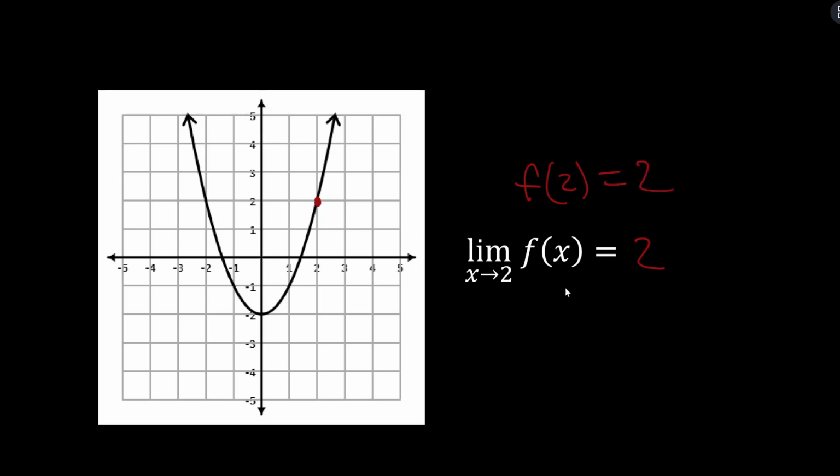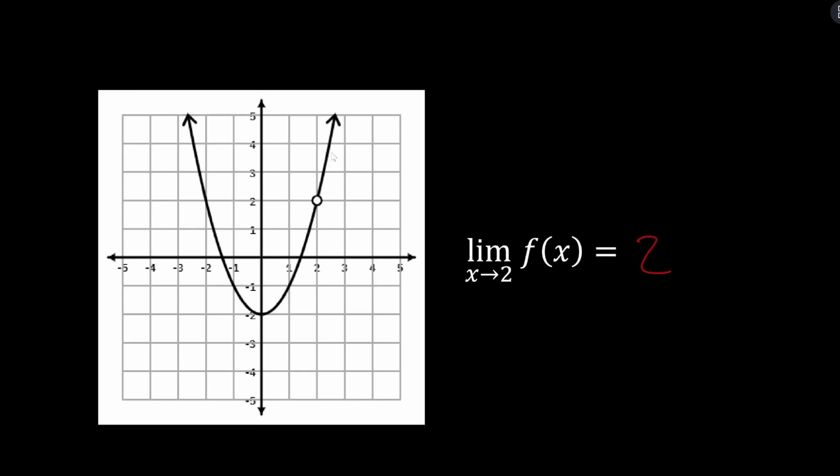And this is in fact what it means for a function to be continuous: the limit exists, the function's defined, and those two things are equal to each other, which I'll get into in another video. In this case, the function is not defined at 2, but the limit still exists and the limit still equals 2. So again, hammering in this idea that for limits, we don't care about what's happening where x equals 2 exactly, only around it.